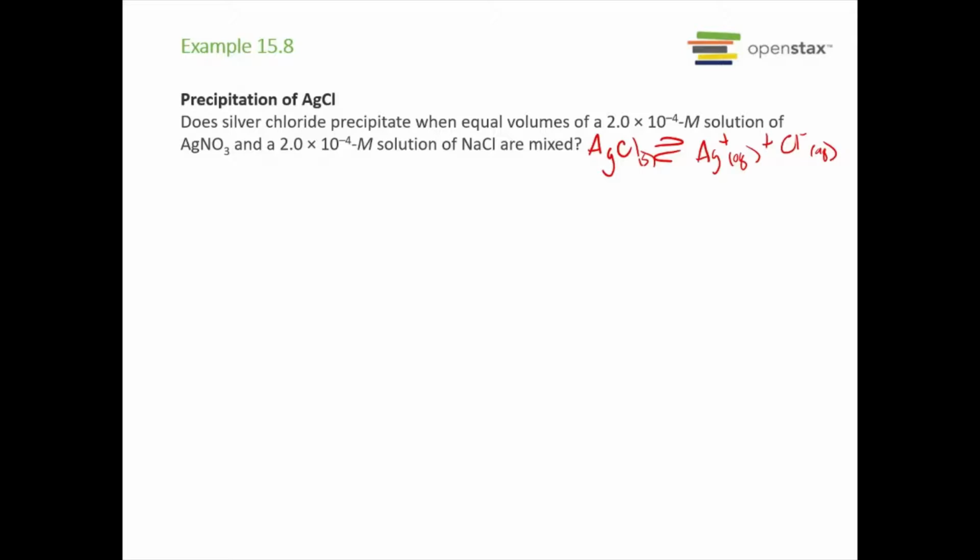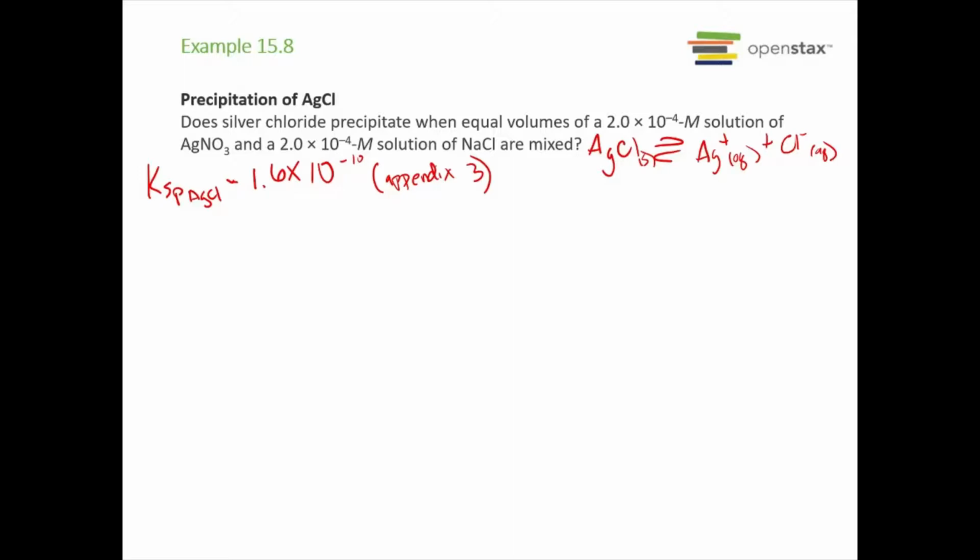If we use the appendix, we find that KSP for AgCl is equal to 1.6 times 10 to the negative 10th power. This is in appendix 3. So AgCl will precipitate if we get a Q greater than KSP.